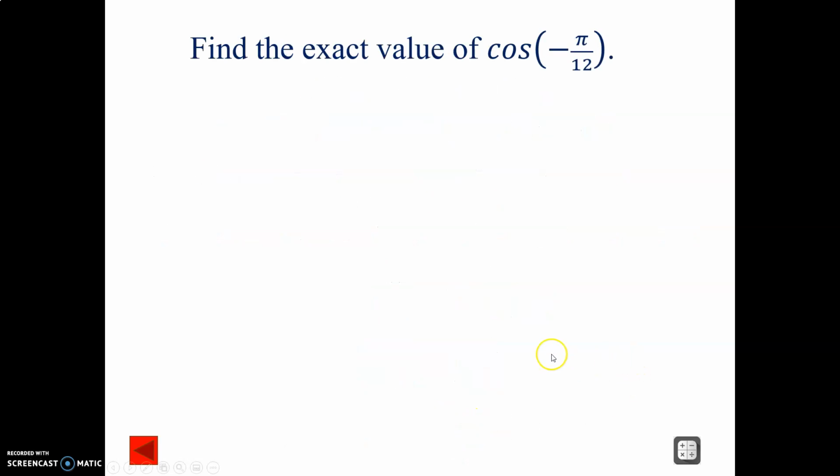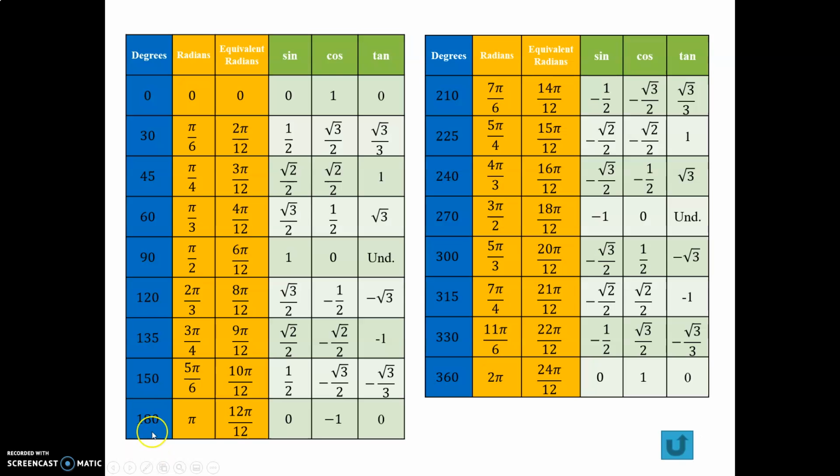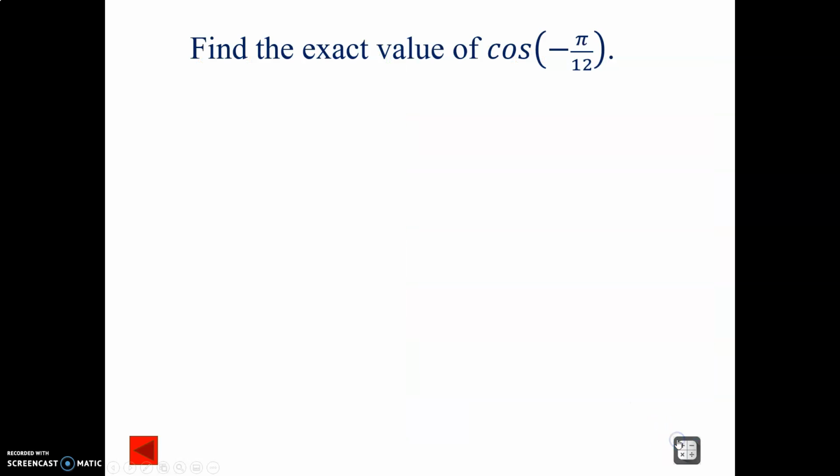Next problem, we'll use some radians now. Cosine negative pi over 12. So again, the value for 45 for degrees is 3 pi over 12 for radians. And so we've got negative 1 pi, for lack of better words.